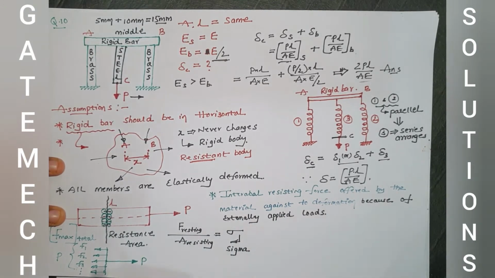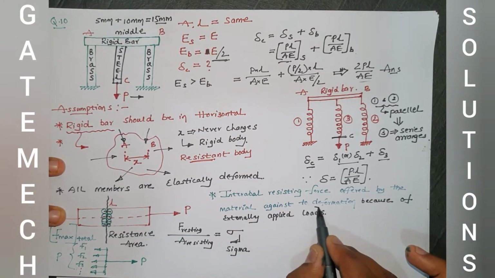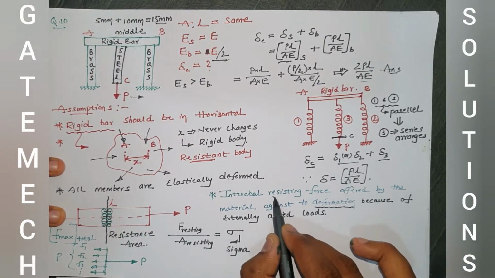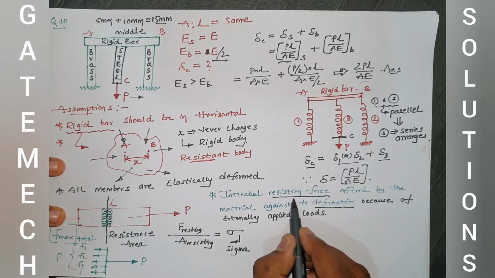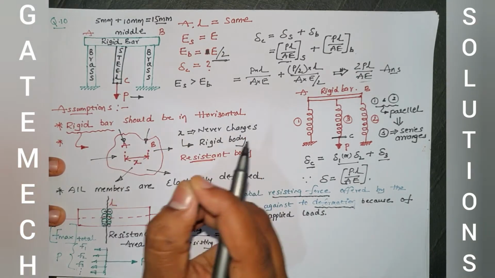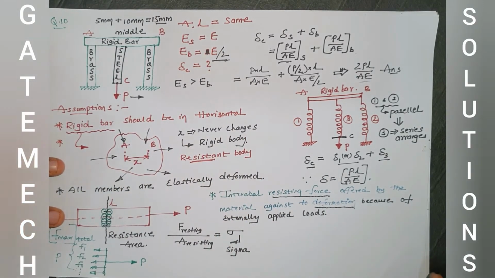Look at the definition once. Because of the externally applied load, there will be a deformation. Because of the deformation, there is a resisting force. This resisting force, which is acting per unit area, is the term called stress, represented by sigma.